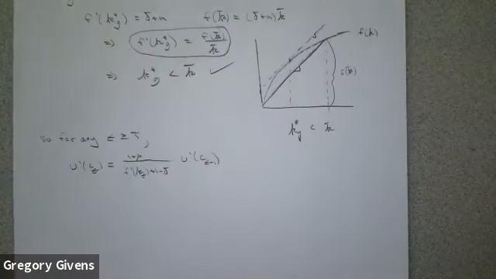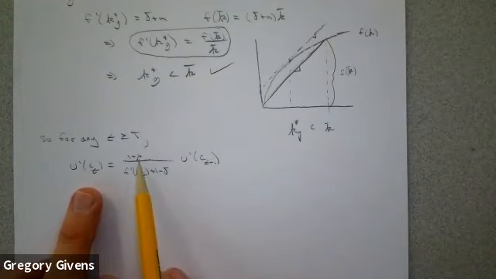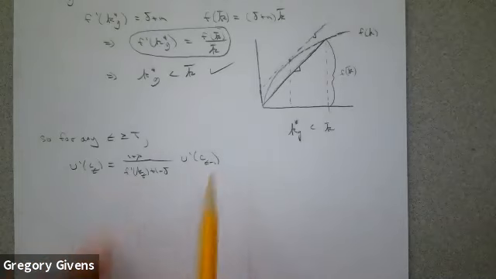This is just the consumption Euler equation. Scroll back one period, right? It says u prime of c_{t-1} is (1 plus rho) over (1 plus r_t) times u prime of c_t. So we've taken the consumption Euler equation and just scrolled it back one period.